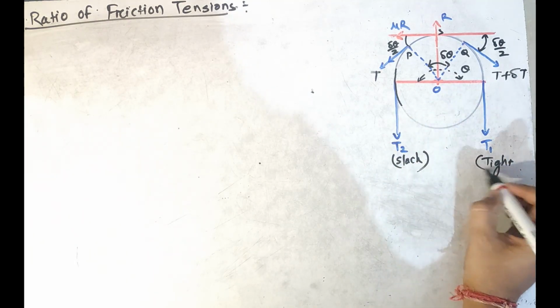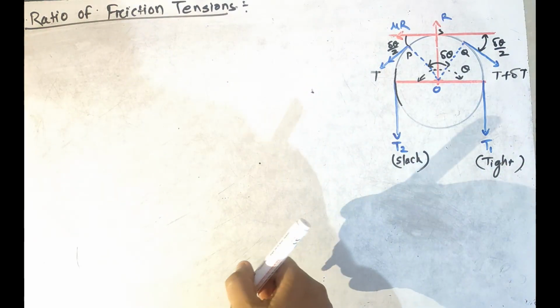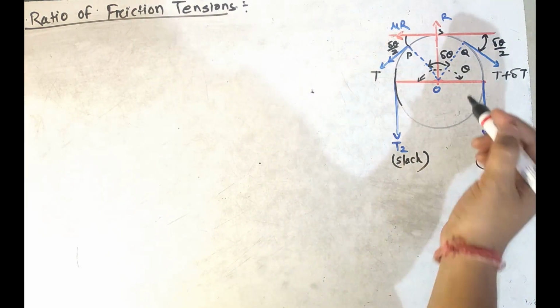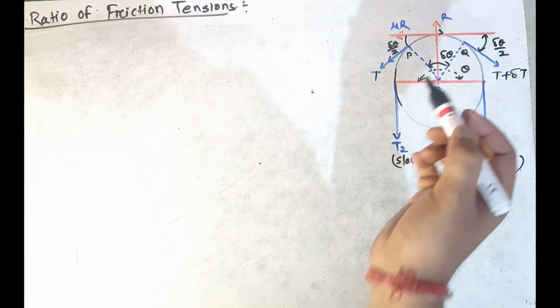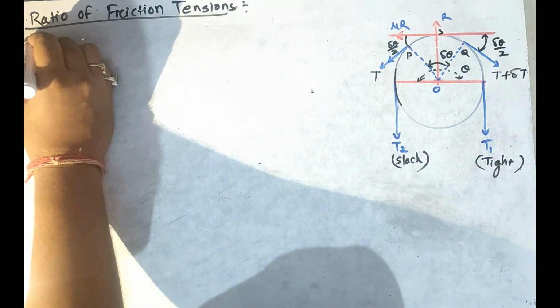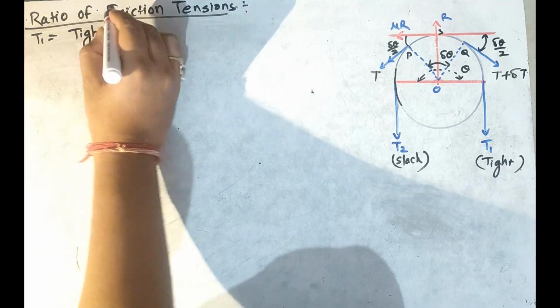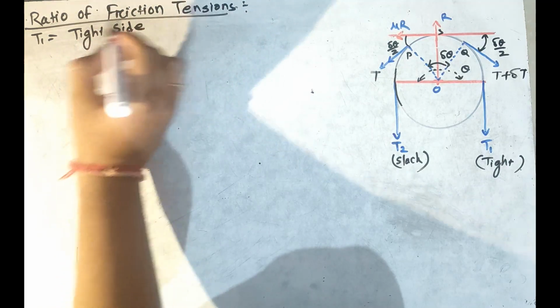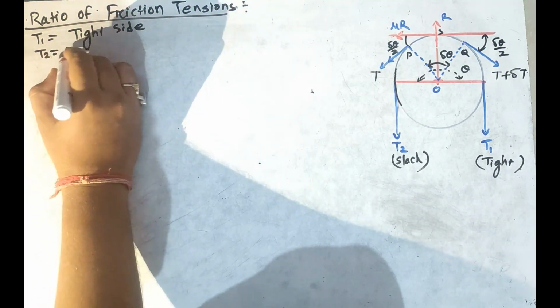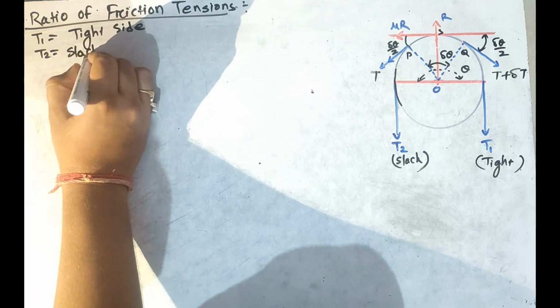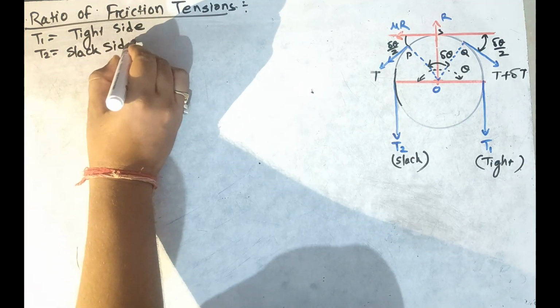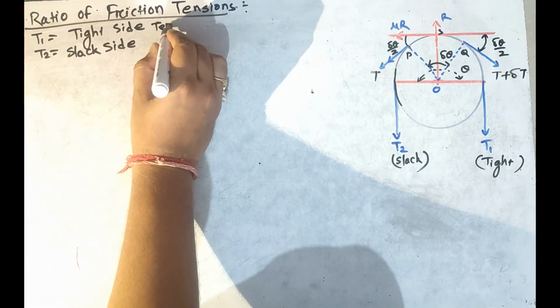So I am writing T1, tight side tension, and T2, slack side tension.